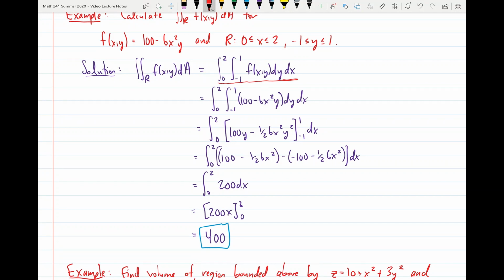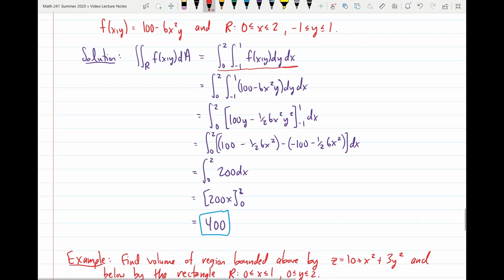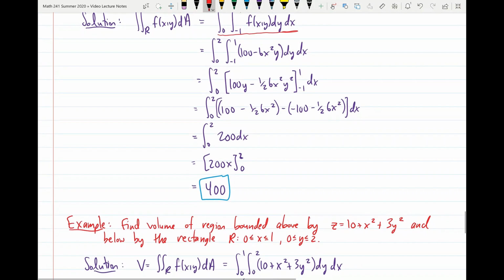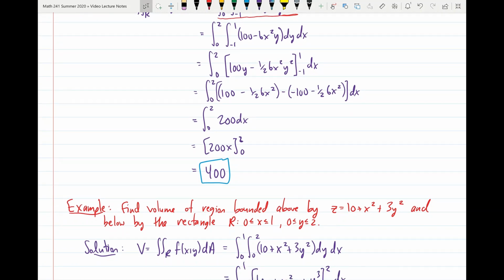So we have the integral from -1 to 1 of 100 minus 6x squared y dy, and we just treat x like a constant and integrate. So we get 100y minus 1/2 times 6x squared y squared from -1 to 1. And we can plug in 1 and -1.